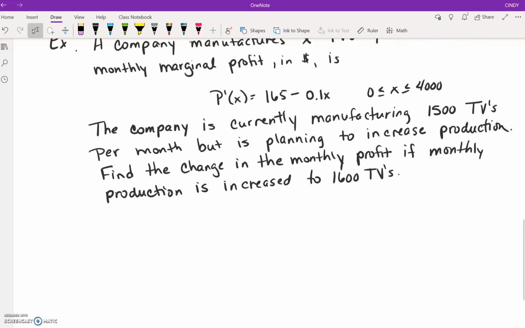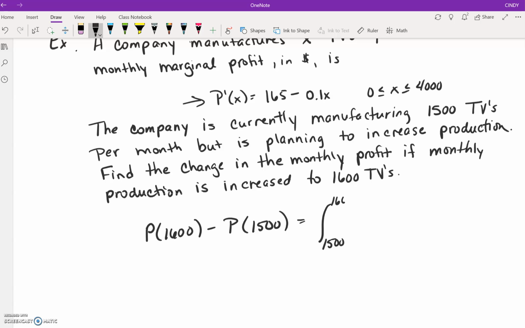Okay, we are looking at, remember marginal, when you see the word marginal, you have the derivative, and it goes to show that we are given the derivative. What we're looking for is the original function at 1,600 minus the original function at 1,500, which is basically the antiderivative between 1,500 and 1,600 of the function 165 minus 0.1x dx.